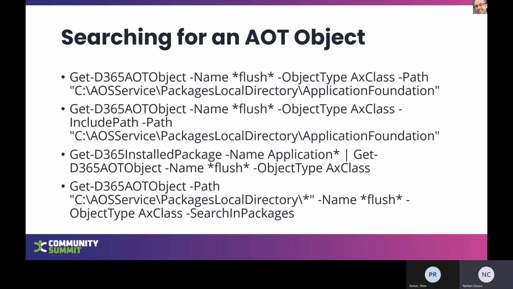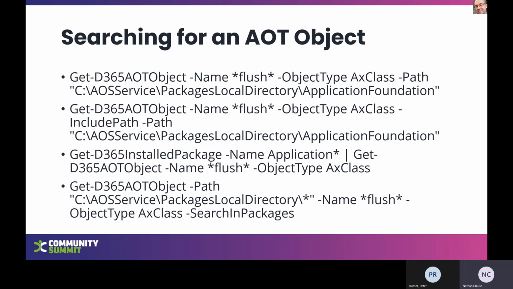You can do advanced searching inside the AOT for specific objects. So this can be helpful finding specific things that you're not sure exactly what they may be named, especially since this gives you advanced search patterns. So if you're like, hey, I remember this class from 2012.